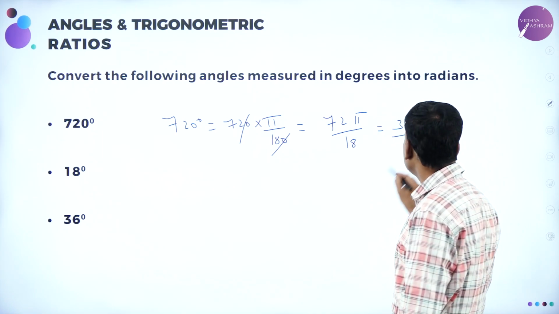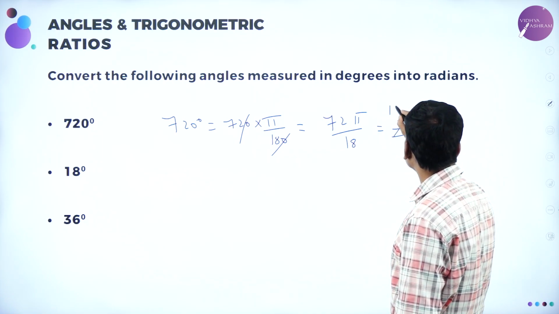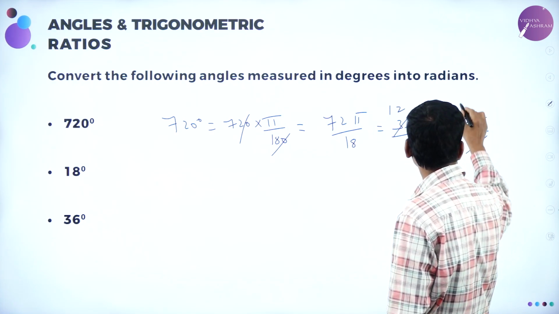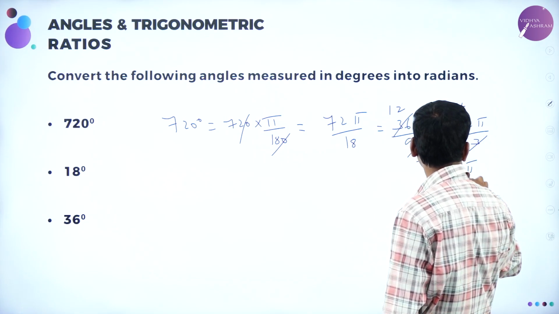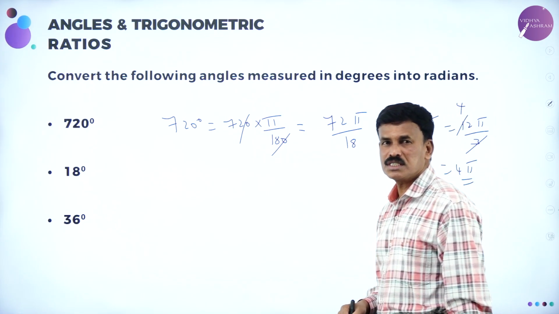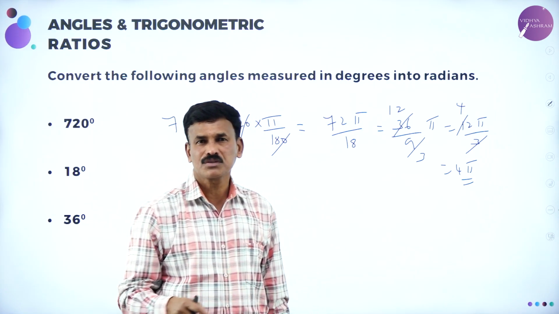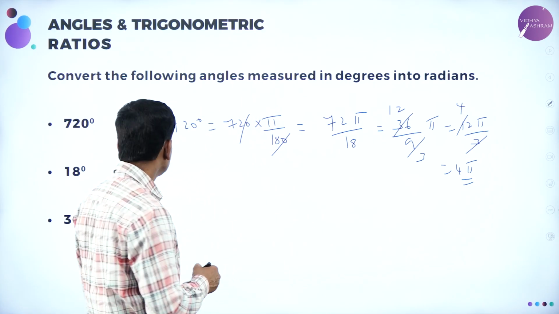Again, if you divide by 3, 3 12s are 36, 3 3s are 9. So, that's equal to 12 pi by 3. Again, this is equal to 4 pi. 720 is equal to 4 pi. Right. What is pi? 180. 180 into 4 is 720. Now move on to the next one.